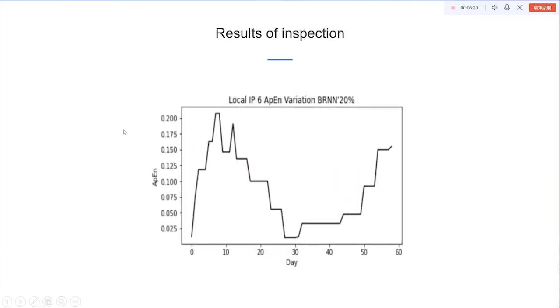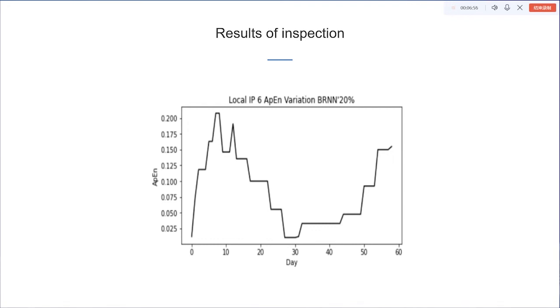In order to test the accuracy of the model method, approximate entropy is introduced to evaluate the performance of the model. Approximate entropy is a non-dynamic parameter used to quantify the regularity and unpredictability of time series fluctuations.